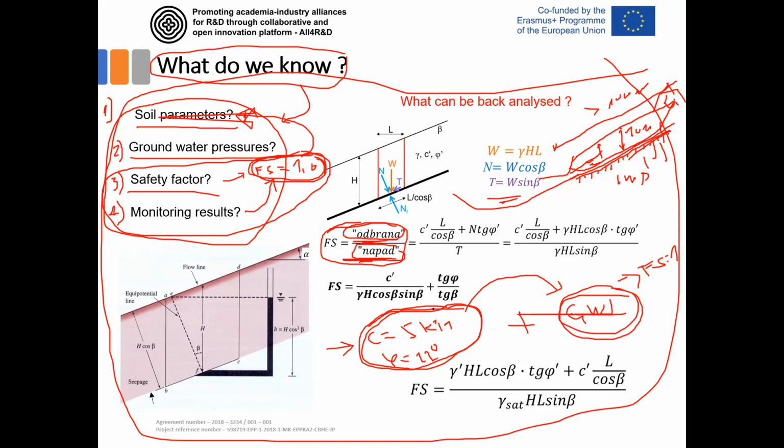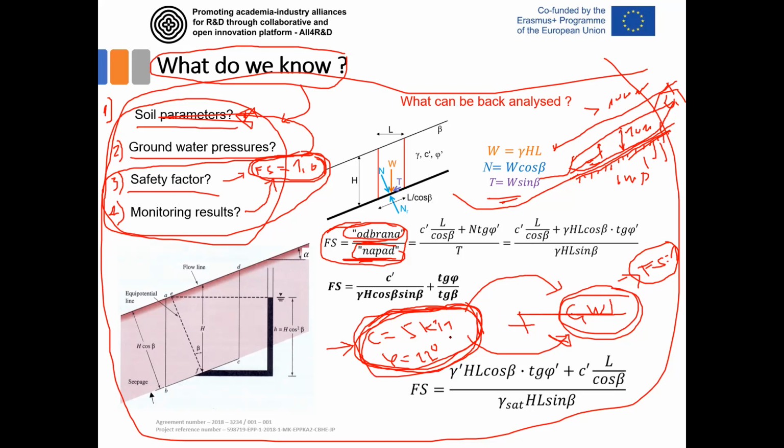Very often, due to sample disturbance, the parameters we get in the laboratory, with any groundwater level, cannot bring us to a factor of safety equal to 1. That's due to disturbance of the sample, which are always disturbed more or less. It can bring us that problem as well.